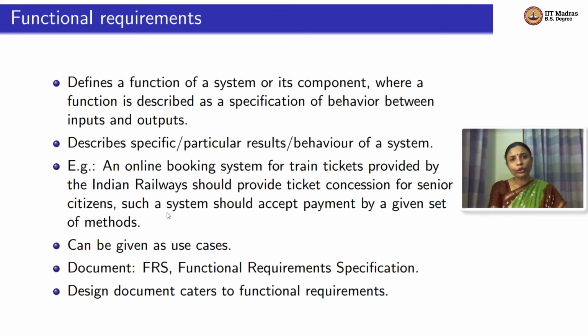So the online booking system, which is the software, should provide the concession rates for passengers who are senior citizens. So if the input says the passenger is a senior citizen, age above 60, the concession should come in the fare that is computed for the passenger to pay while booking his or her ticket. So this can be thought of as a functional requirement.